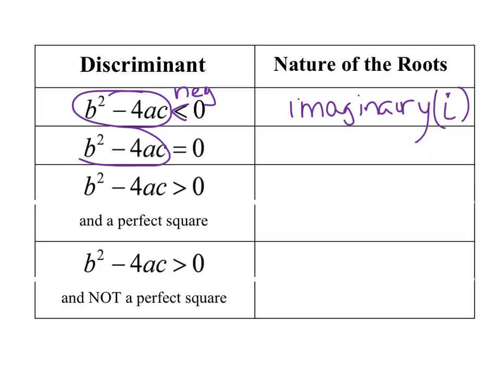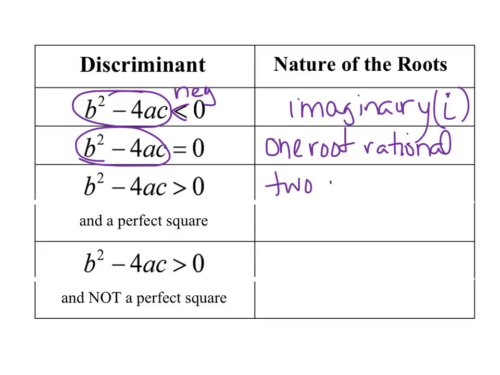Okay, if this thing is equal to 0, meaning the thing underneath the radical is equal to 0, you only get one root, and it's a nice root. We call it rational. Okay, this is the one where we have two roots. So both of these, we always get two roots. And this is when it's greater than 0 or positive.